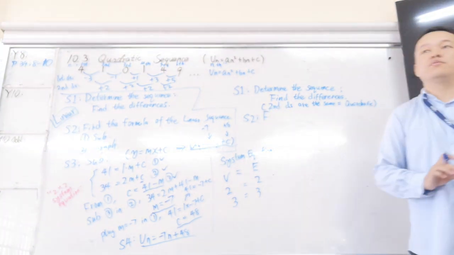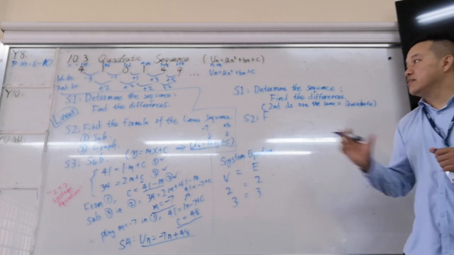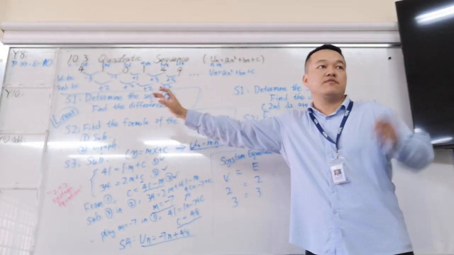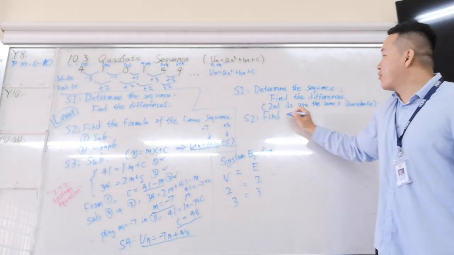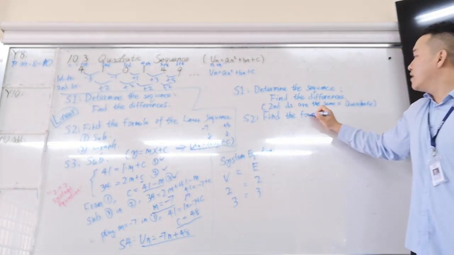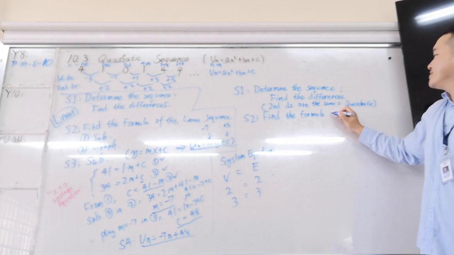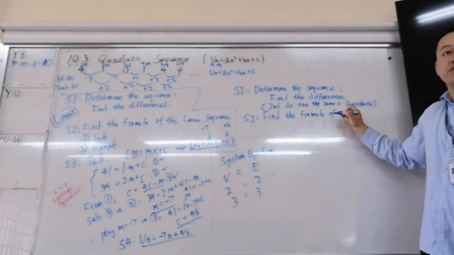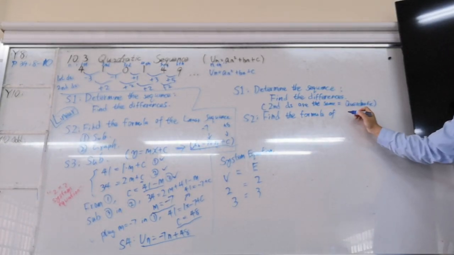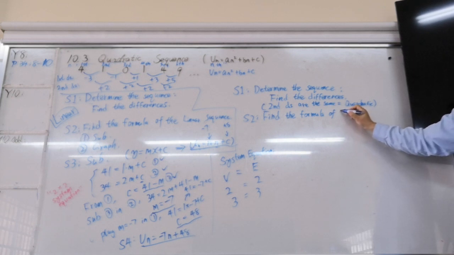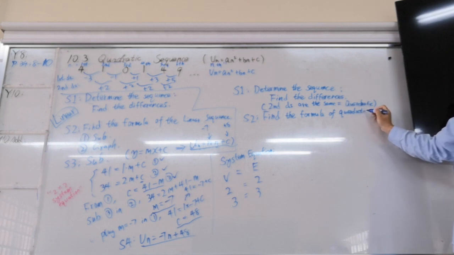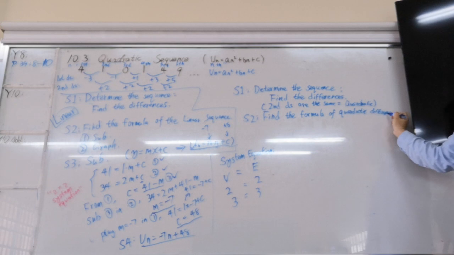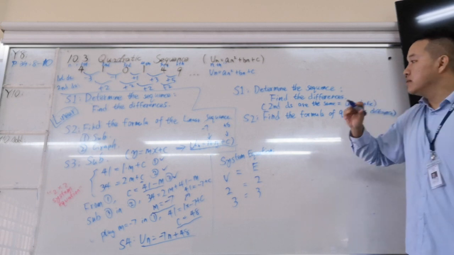Okay, step 2. What's step 2? Look at the steps for solving. Find the formula of what? Of the quadratic sequence. Second difference is... So you just need to extend it like 1. Yes, you got it.